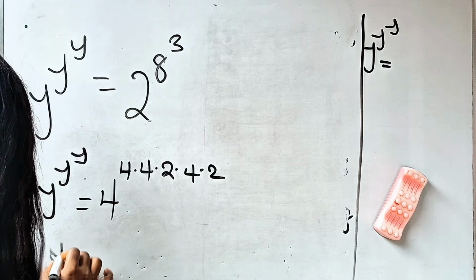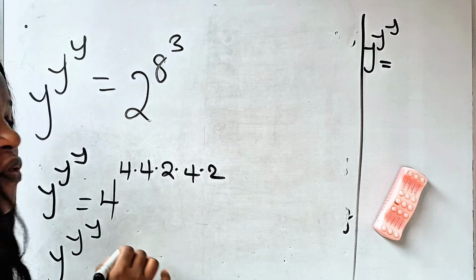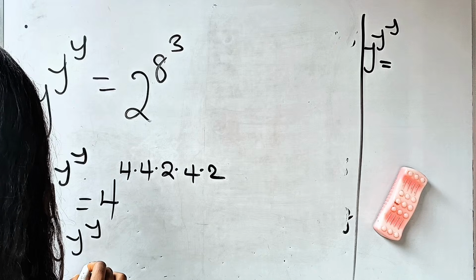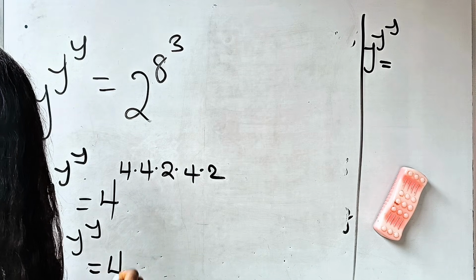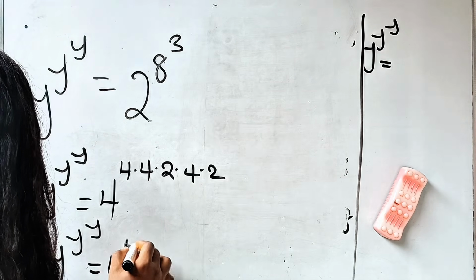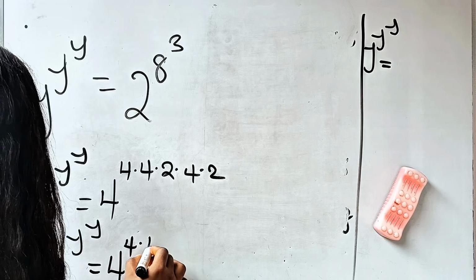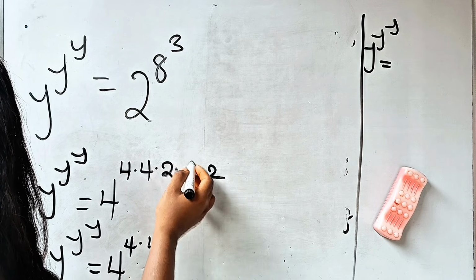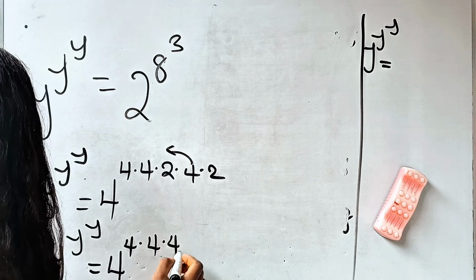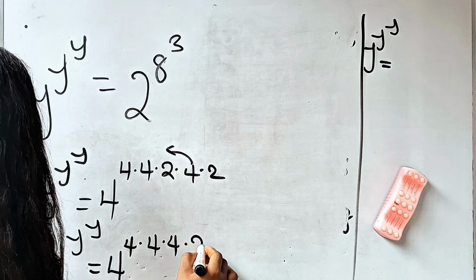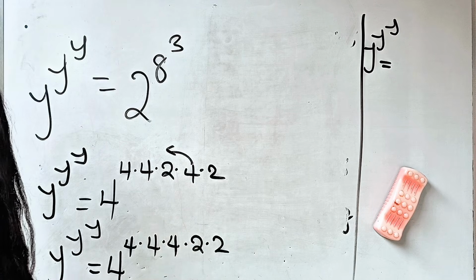So now we have y to the power of y to the power of y is equal to 4 to the power of 4 multiplied by 4, let's bring this 4 here, multiplied by 4 multiplied by 2 multiplied by 2.